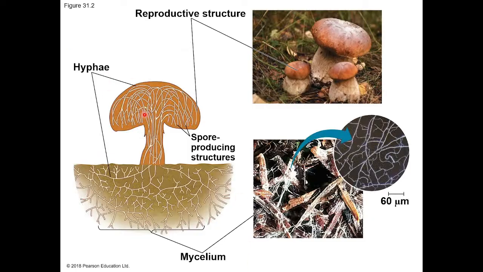Right. This is the mushroom, what we see with our eyes. But if you look at the whole body of this fungus, actually it's not the whole what we see over the ground. There is a huge part of this thing under the ground.